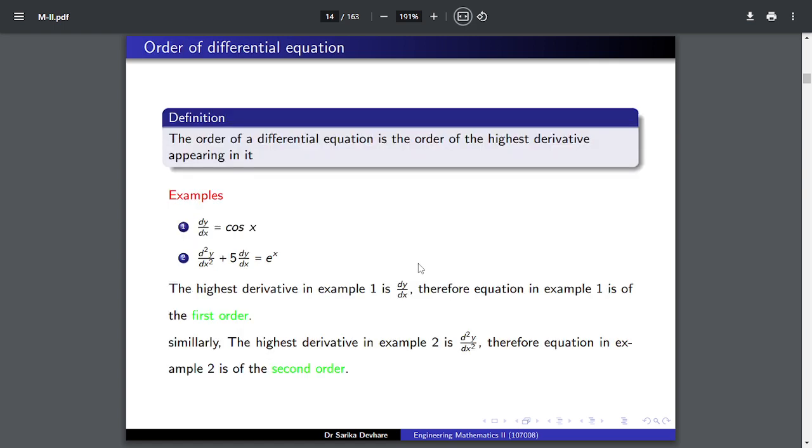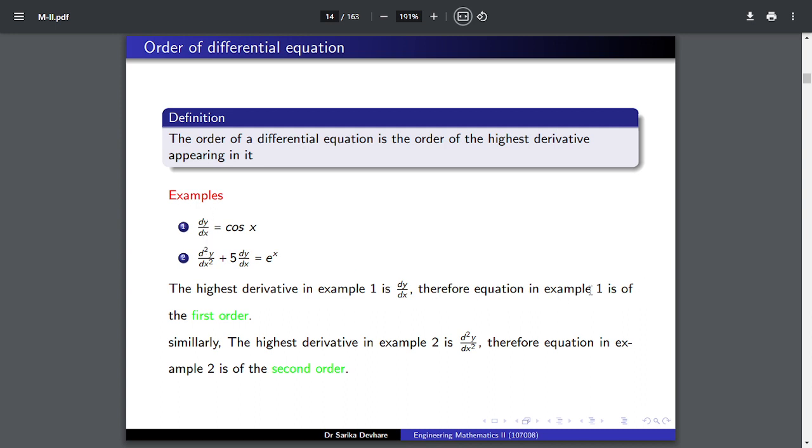Now the next definition is the order of a differential equation. What is meant by order? The order of a differential equation is the order of the highest derivative appearing in that equation. Let's take an example: dy by dx equal to cos x. The highest order derivative in this example is dy by dx.